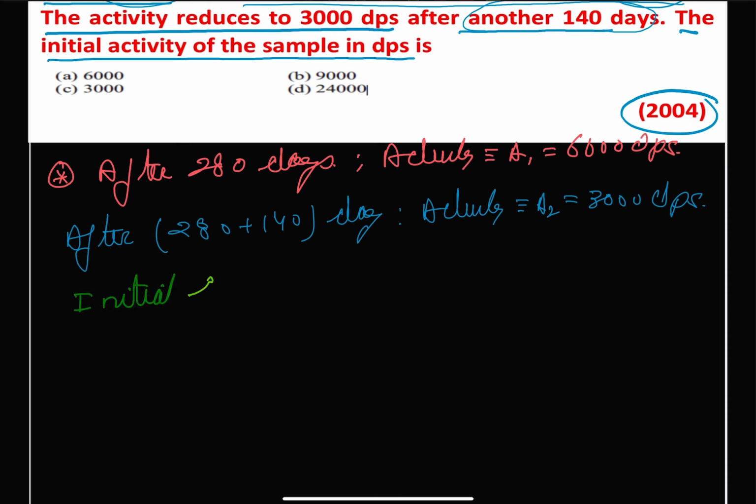Initial activity, let us suppose that is A0, which is basically at t is equal to 0.